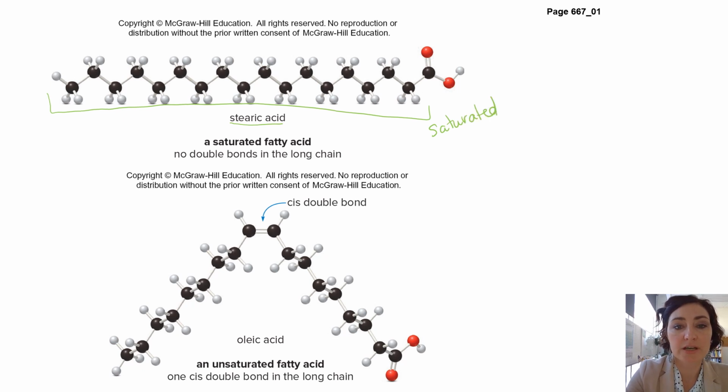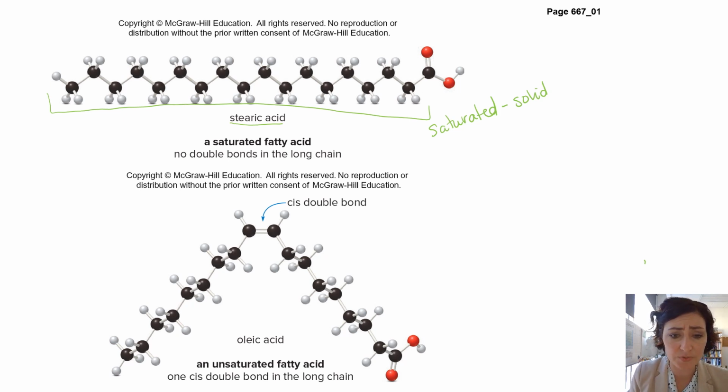Because it's saturated, notice that if you were to have multiple stearic acids together, they're going to sit flat together. They're going to be able to pack tightly together. Saturated fats, if you remember from last unit, are going to be solid at room temperature. It's going to take a certain amount of heat in order to separate those molecules. So they can be melted, but the melting point is going to be a lot higher.